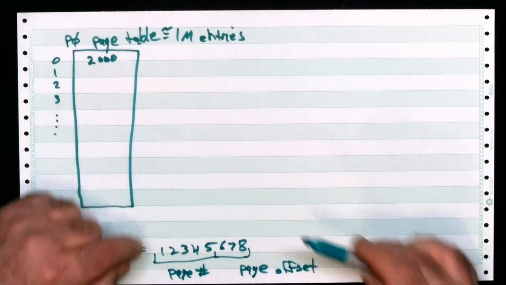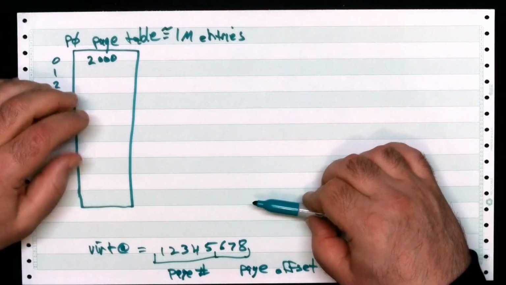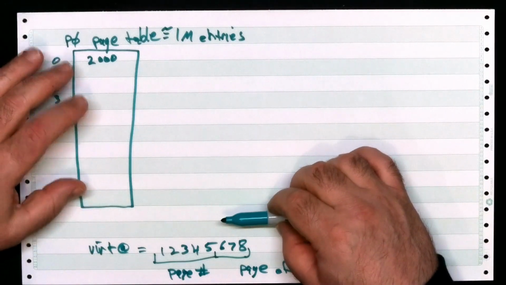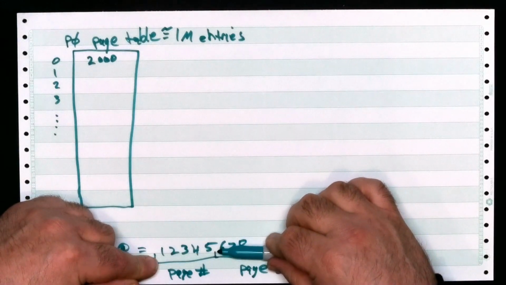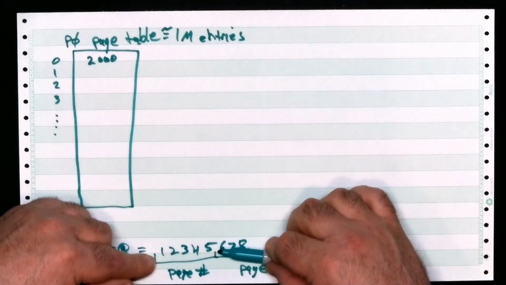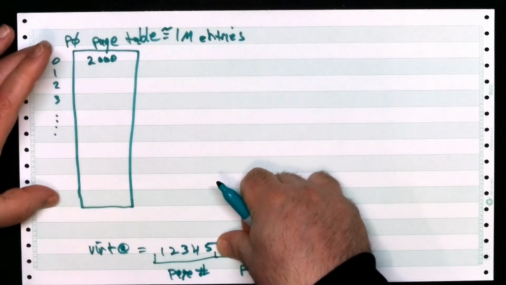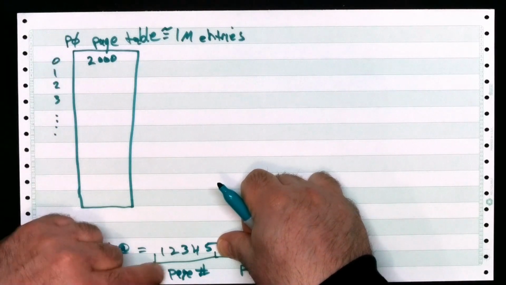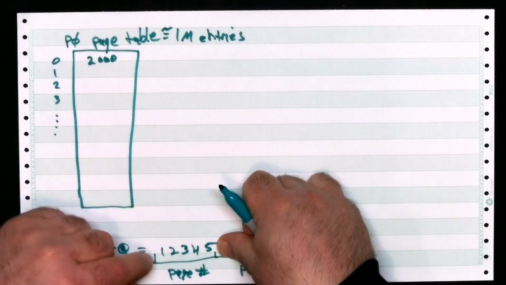This is true for all processes in this hypothetical machine and all page tables. So this page number, a 5-digit hex number, all the values could be between all zeros and all Fs. That means that I'm going to have a million. F, F, F, F, F in hex is on the order of 1 million in decimal.